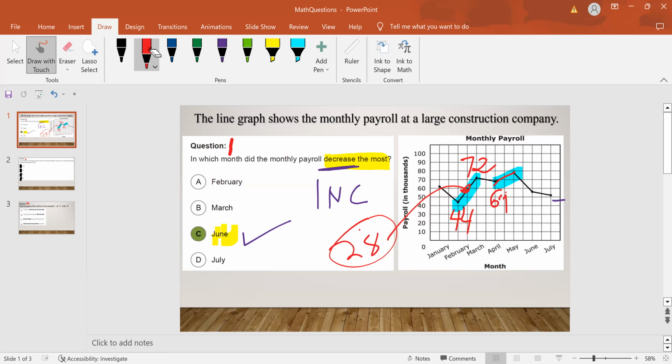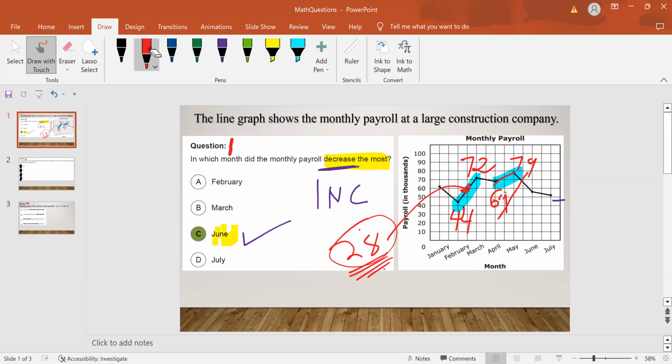Why? Because it's a little bit below 80. So 79. We see that from 69 up to 79, the difference is only 10. So 10 million. Compared to 18, 10 is smaller. So 18 is more than 10.